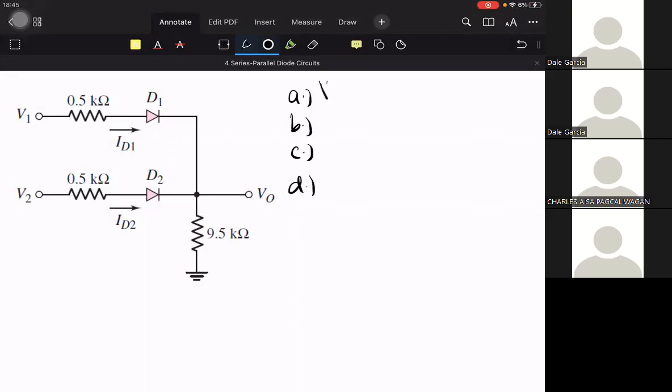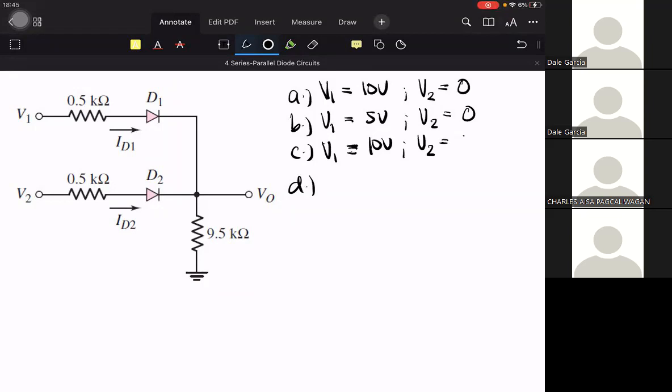First case, when V1 is equal to 10 volts, and V2 is equal to 0. Second case, when V1 is equal to 5 volts, and V2 is equal to 0. Third case, when V1 is equal to 10 volts, V2 is equal to 5 volts. Last case, when V1 and V2 both 10 volts.